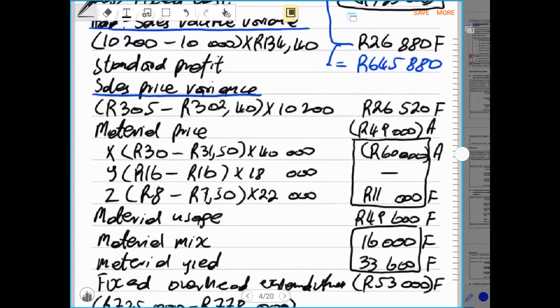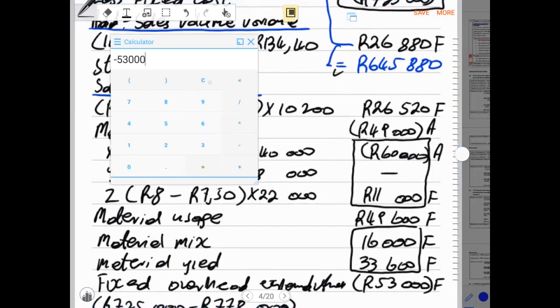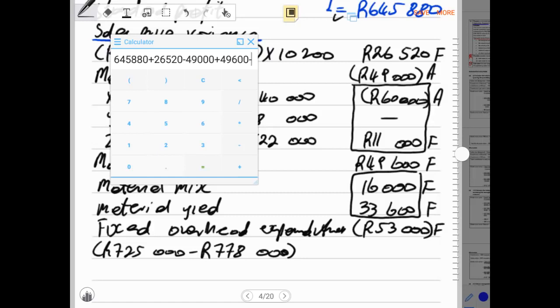So now when we calculate from here to the end, this should give us the actual profit. 645,880 plus 26,520 minus 49,000 plus 49,600 minus 53,000.